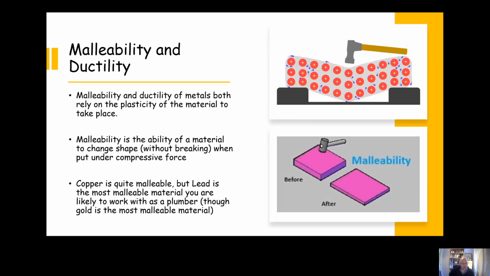Lead's the most malleable material we're likely to work with as plumbers. Copper's malleable too. So is steel. Actually, steel has got some degree of malleability. If you hit steel with a hammer, for example, it would change out of shape. But lead's the most malleable material that we need to be aware of.